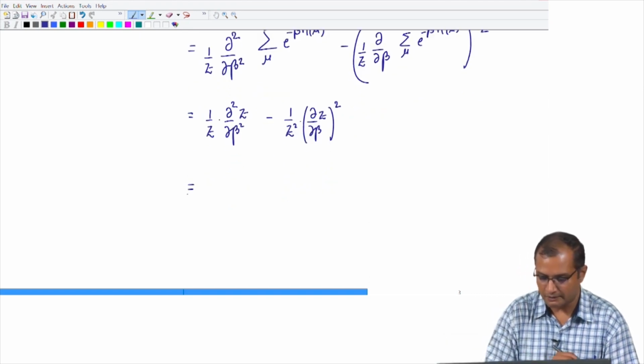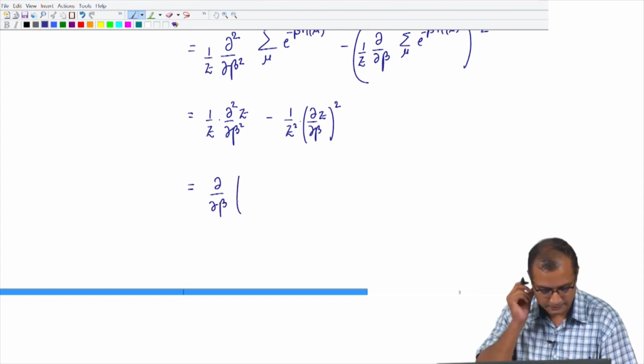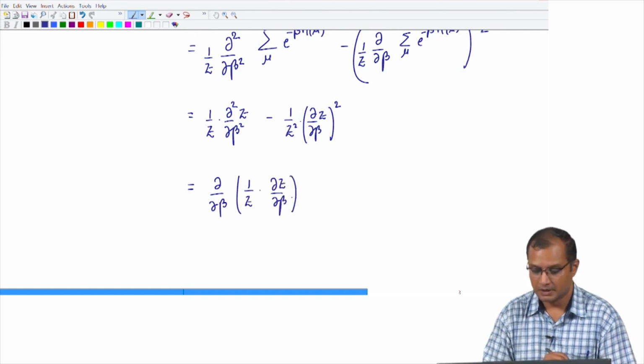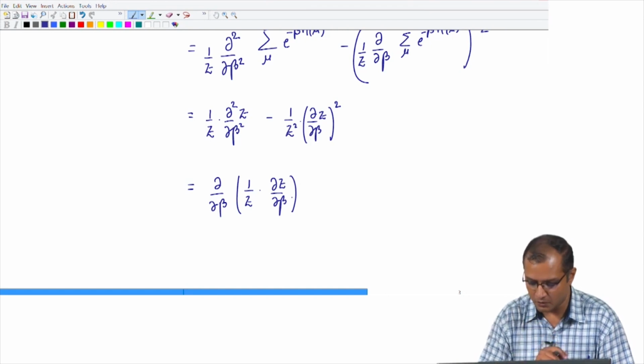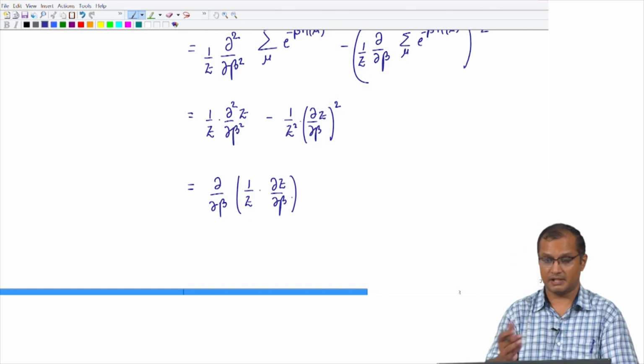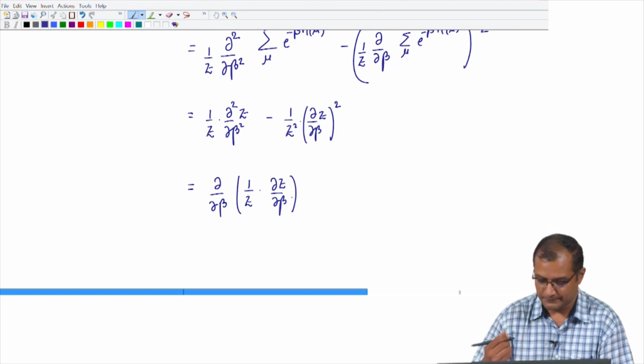So now you can write this as d by d beta of 1 upon Z dZ by d beta. So by chain rule it will give you the first term, 1 upon Z d square Z by d beta square, minus 1 upon Z square into dZ by d beta the whole square.